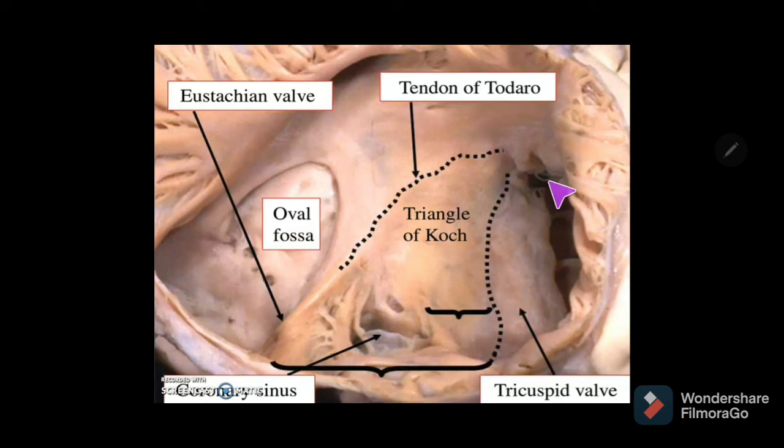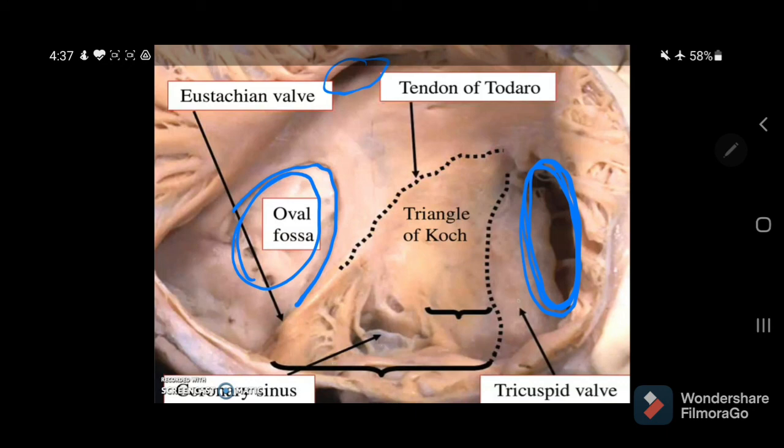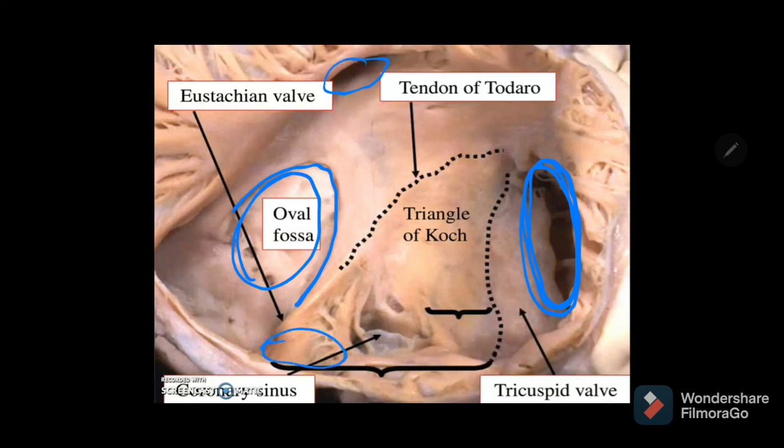You can notice the tricuspid annulus here between the right atrium and right ventricle, and here in the septal wall, you can see limbus fossa ovalis, and this is fossa ovalis, opening of the superior vena cava, opening of the inferior vena cava will be here. This is the opening of the coronary sinus.